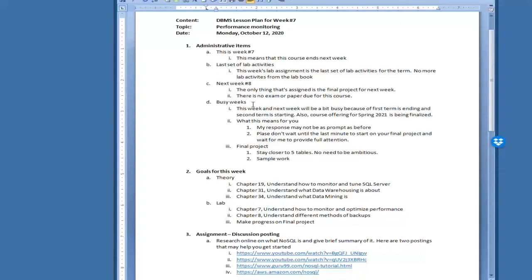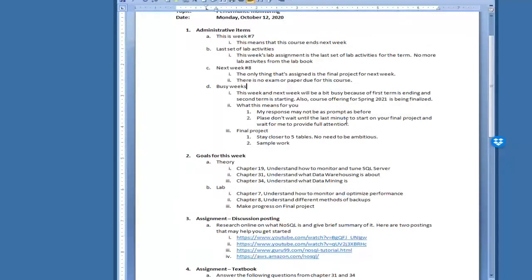It may be a little bit delayed, not as prompt as before, which sort of started last week. But I just wanted to be upfront with you, and that's how it usually works out. So if you don't get an immediate response from me, it's not that I'm trying not to respond to you, but these last 2 weeks tend to be more hectic and busy than other weeks.